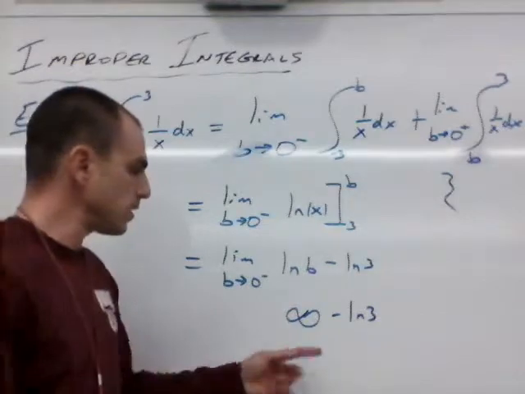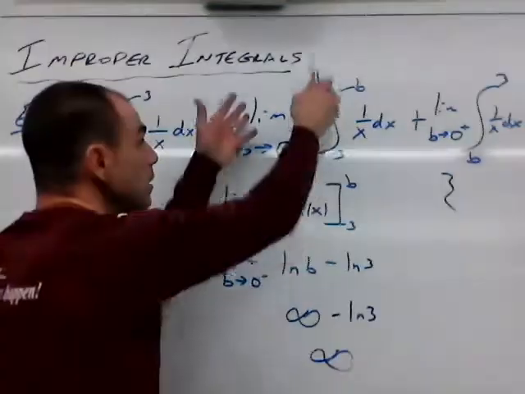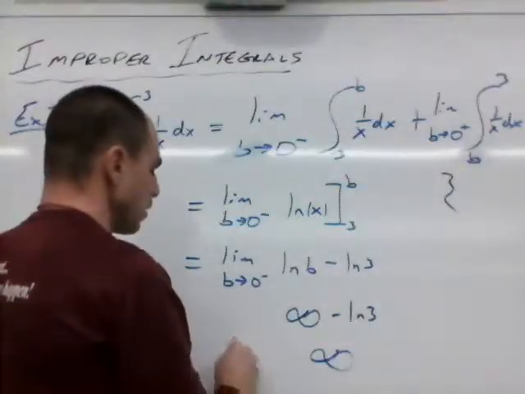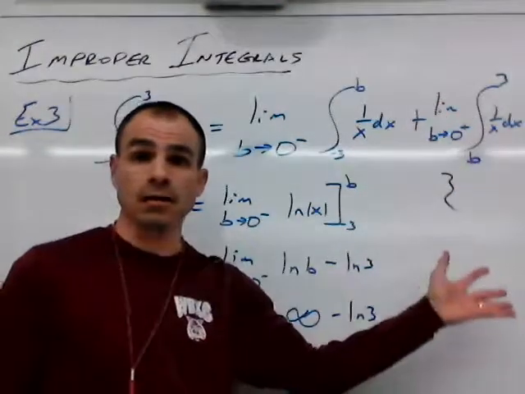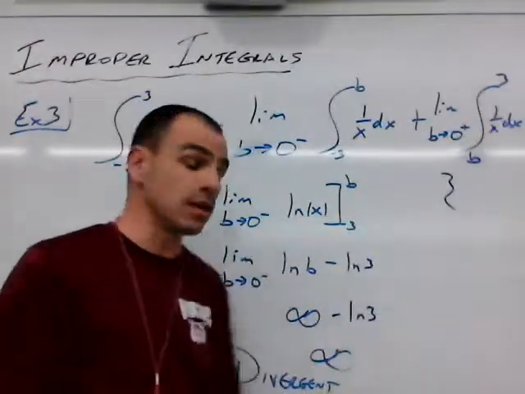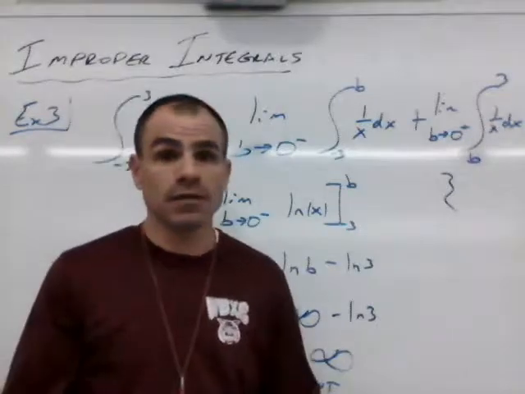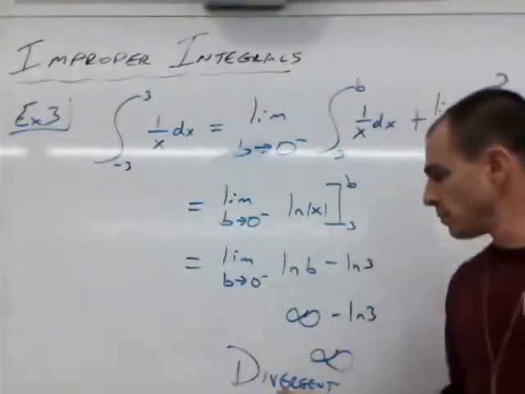This is divergent. So this region right here is divergent, and it doesn't even matter what happens over there, because even if that is a number, adding a number to something that's already divergent is still going to be divergent. So this integral overall will be divergent.